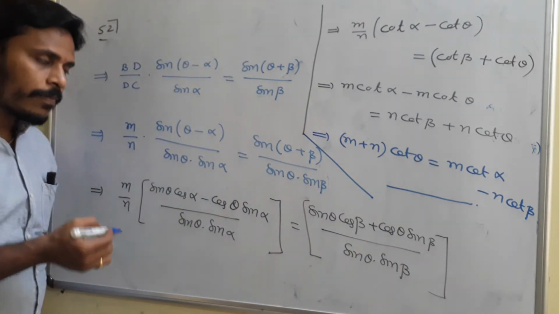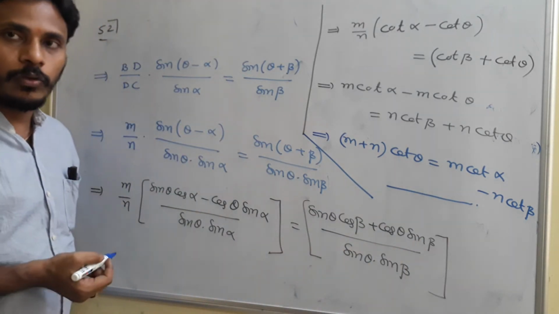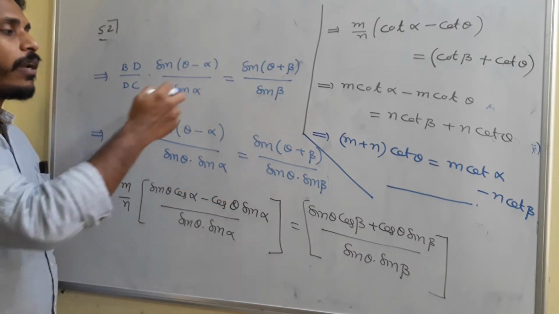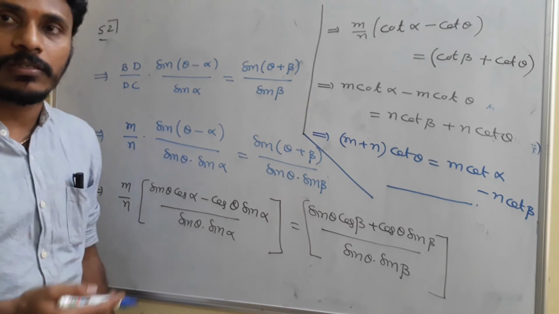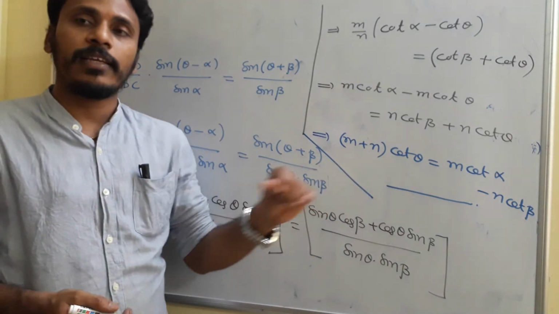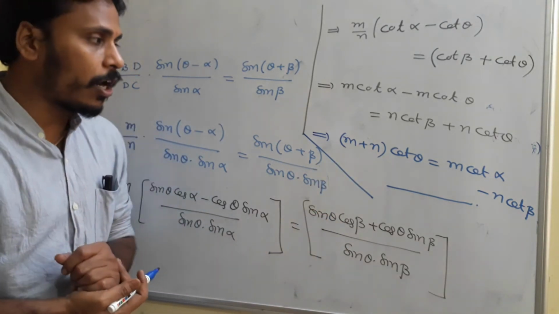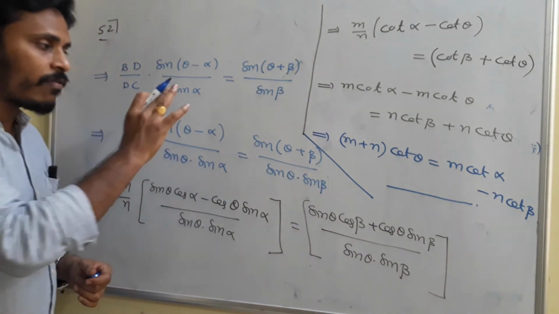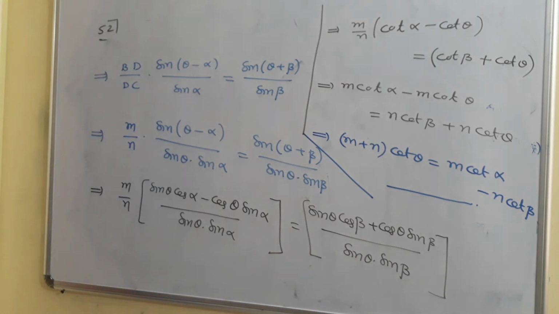This is just an application of the sine rule. Just by applying the sine rule, we move with some trigonometric formulas along with algebraic skill, and you have that M plus N cot theta is equal to M cot alpha minus N cot beta. Okay, at the end just have a look and then I will explain once again. Okay, I will give you the plan, I will explain once again, just have a look.